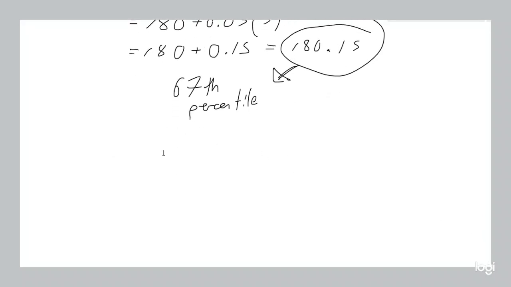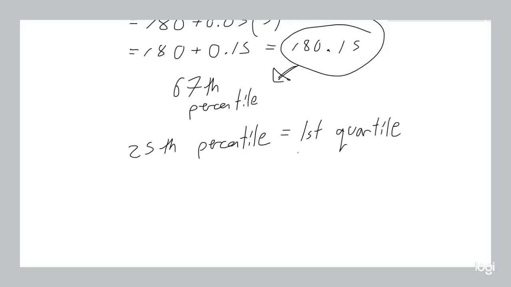And there are certain terms used for specific percentiles. The 25th percentile is also known as the first quartile. The 75th percentile is known as the third quartile, because for the 25th percentile, 1/4 of the data is below that value, and the 75th percentile is the value such that 3/4 of the data is below that value.